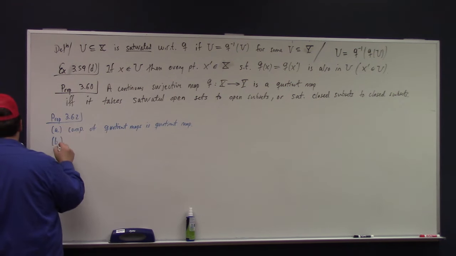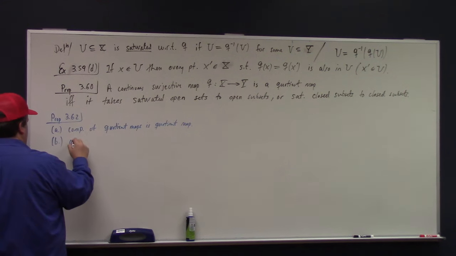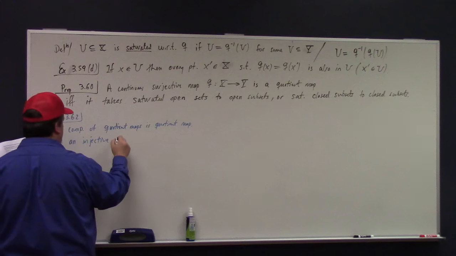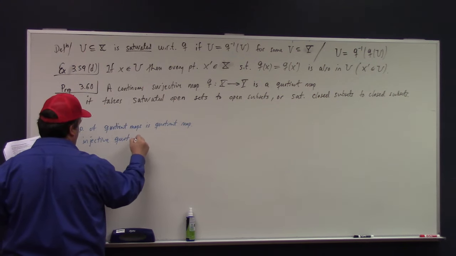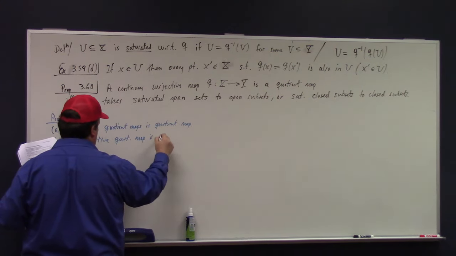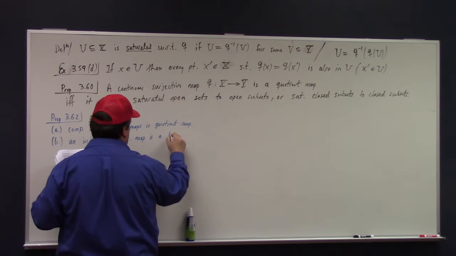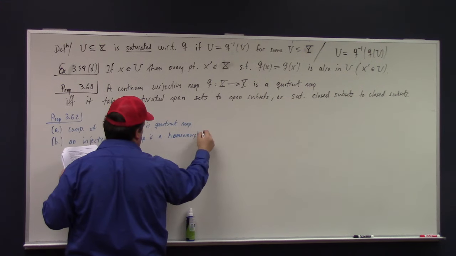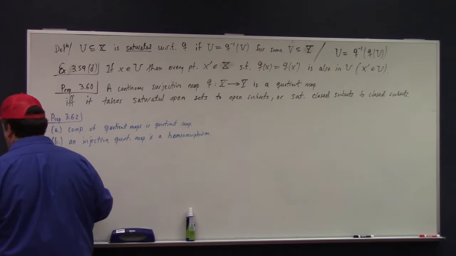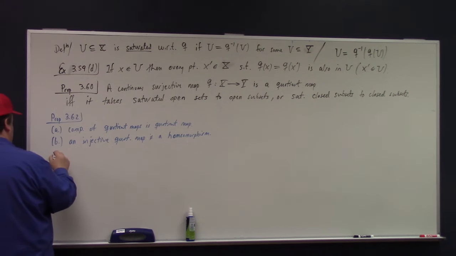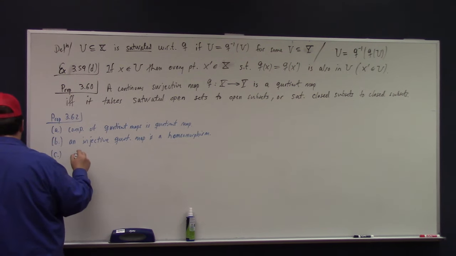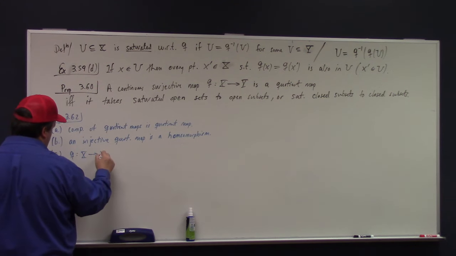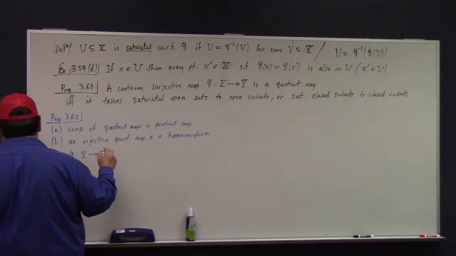B, an injective quotient map is a homeomorphism. C, if Q is a mapping from X to Y, is a quotient map.